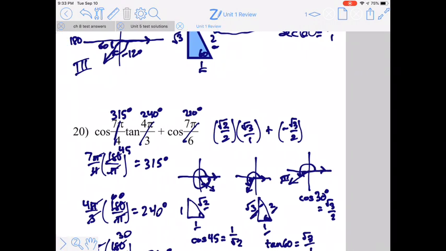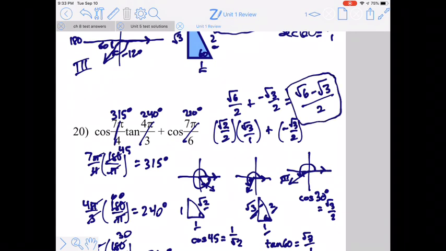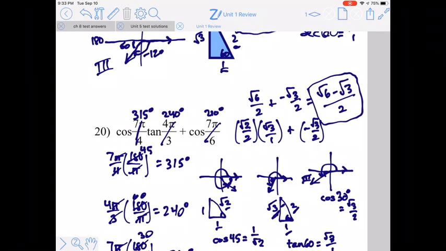So now, these two here, square root of 2 times the square root of 3 is the square root of 6 over 2 plus negative square root of 3 over 2. So we have square root of 6 minus square root of 3 all over 2 for question 20.